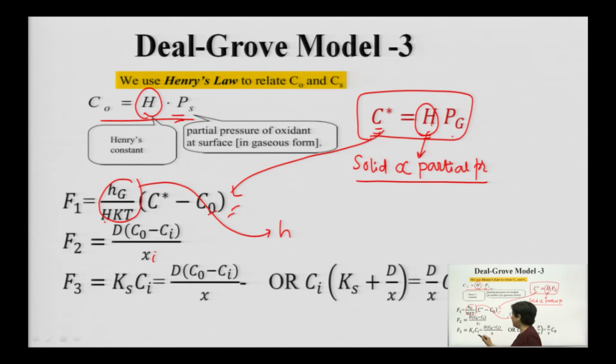Under equilibrium condition all these three are going to be the same. So I am substituting Ks into Ci, which is equal to D into C0 minus Ci.